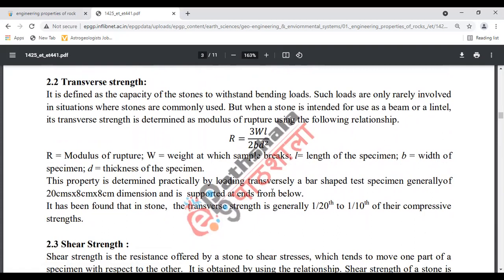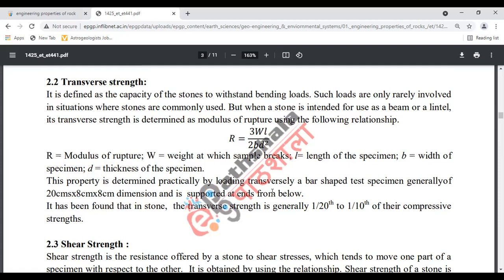But when a stone is intended for use as a beam or a lintel, its transverse strength is determined as modulus of rupture using the following relationship. R is equal to 3WL by 2BD square, where R is the modulus of rupture, W is the weight at which the sample breaks, L is the length of the specimen, B is the width of the specimen, and D is the thickness of the specimen.